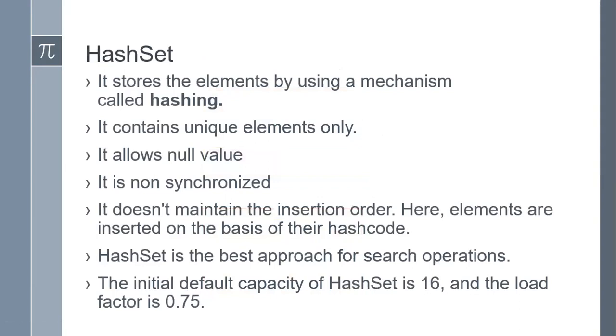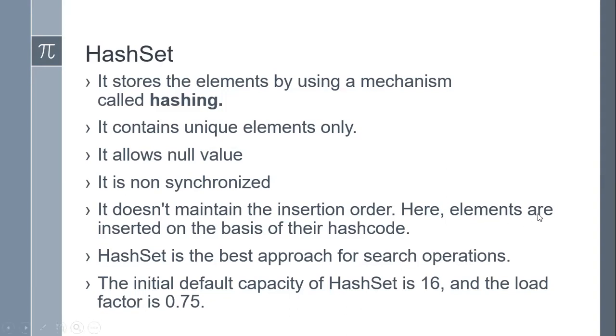In HashSet, it stores the elements by using a mechanism called hashing. It contains unique elements only. It allows null values. It is non-synchronized and it doesn't maintain any insertion order.